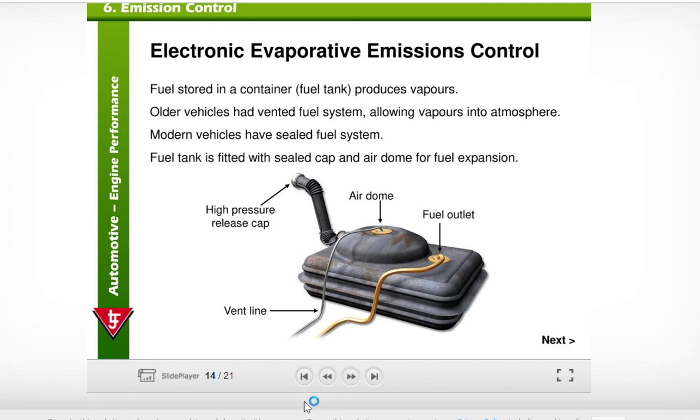Modern vehicles now are sealed, where you have a tank with an air dome for allowing vapor and expansion. But then this vent line collects all the vapor of the fuel and stores it into a charcoal canister, waiting for actuation and then to allow the vapors to flow back to the engine.